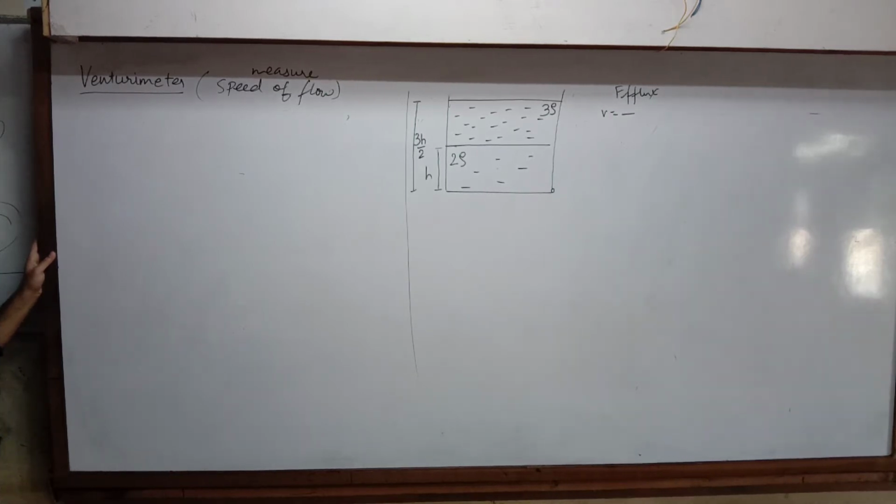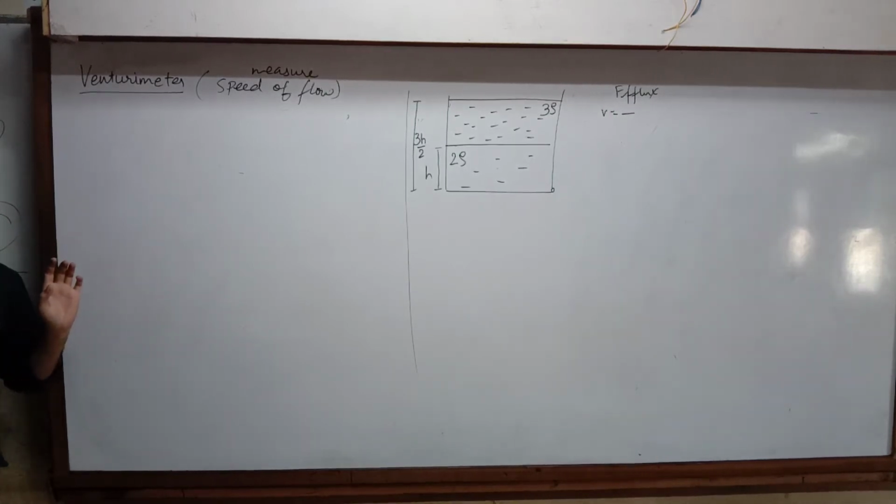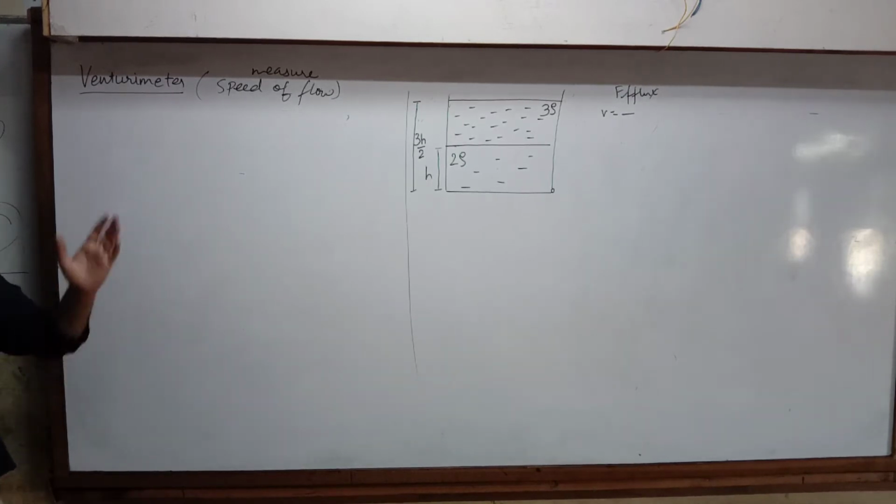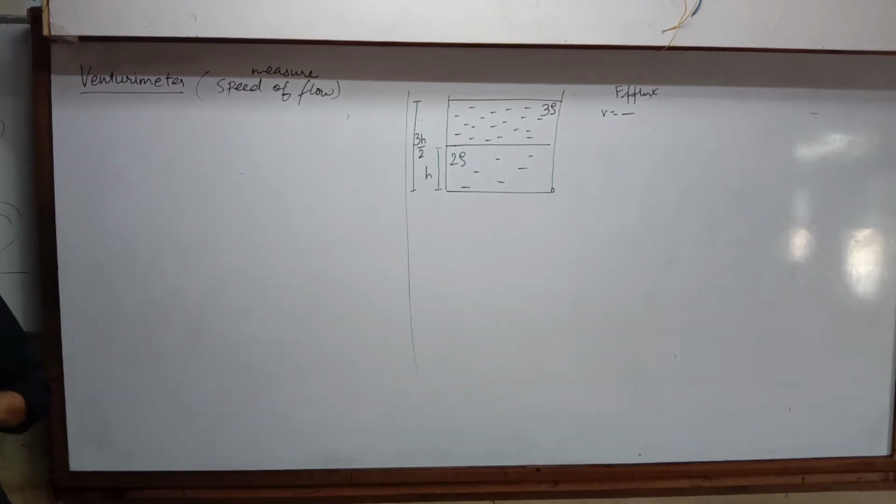Of course, at different places the speed will be different. But let's say we take one particular artery or vein somewhere, let's say here. Then how fast is the blood flowing over here? You get what I'm asking? Such questions can be answered by using a venturimeter. You just put a venturimeter, it will measure it.